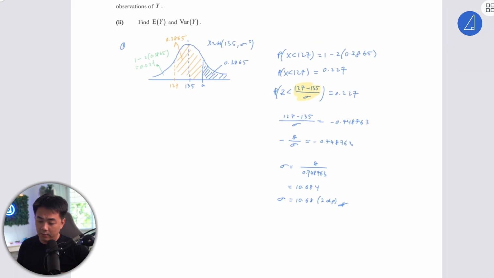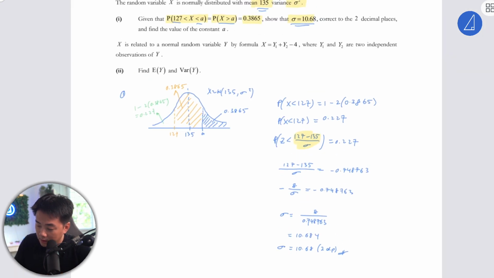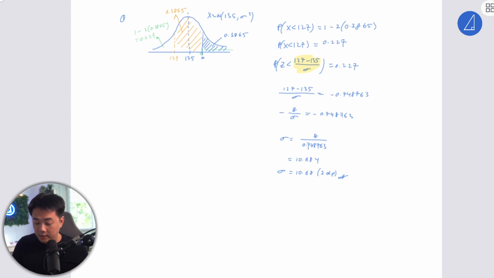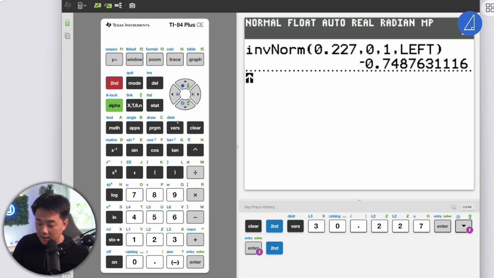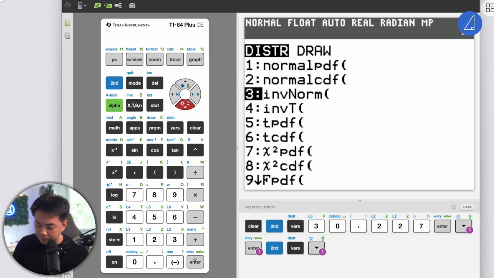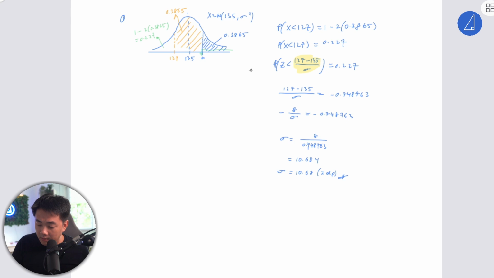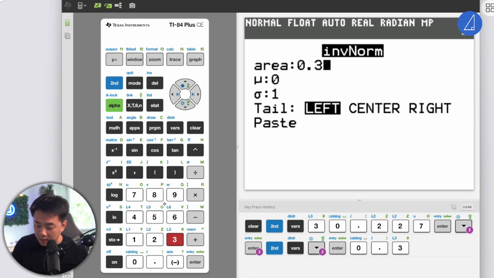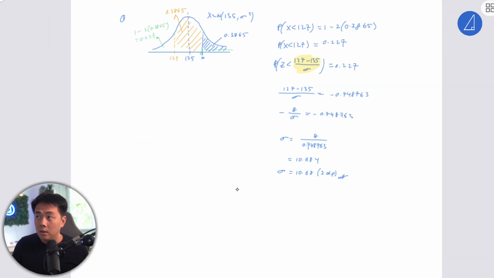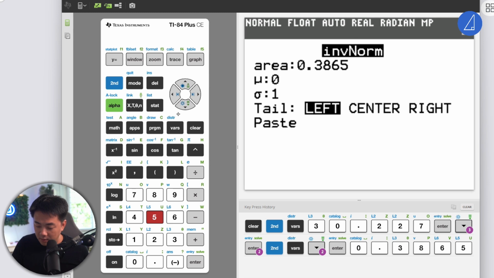So from here, we could just inverse norm to find a, from the right tail. Just go to the GC, second distribution, then inverse norm. The area on the right is 0.3865. Then you go to the mu, which is 135.